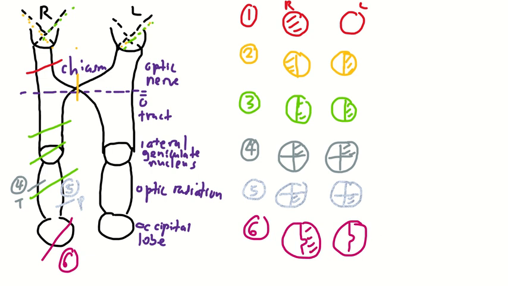This is called left contralateral homonymous hemianopia with macular sparing, whereby you can see there is a dent over here. It is called macular sparing. Okay, I think that's all. Thank you.